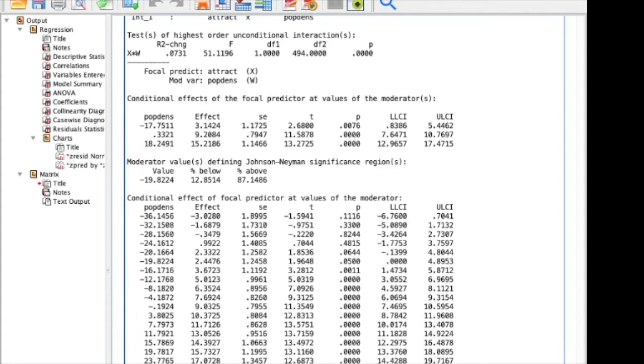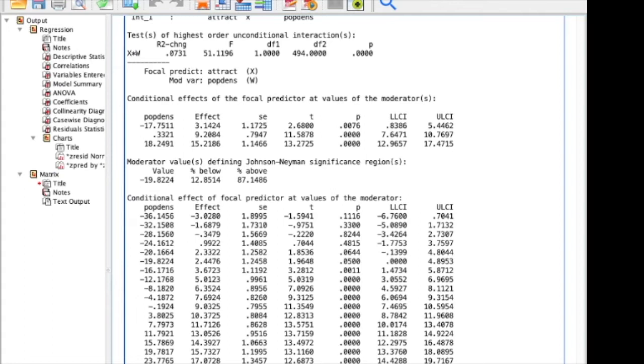However, that doesn't quantitatively tell us that there's a difference. And that can be one of the things that this Johnson-Newman significance test can do. Looking at this test, it tells us at what point this goes from not being significant to being significant.